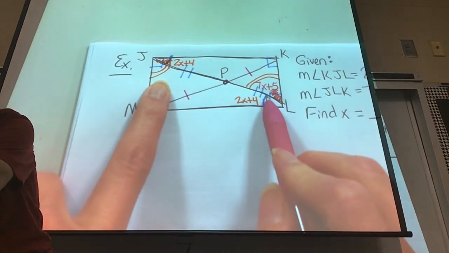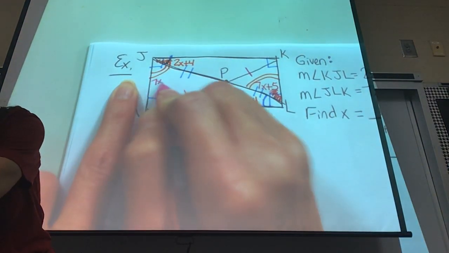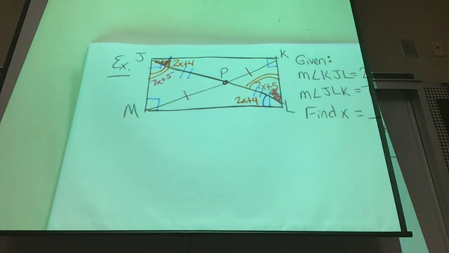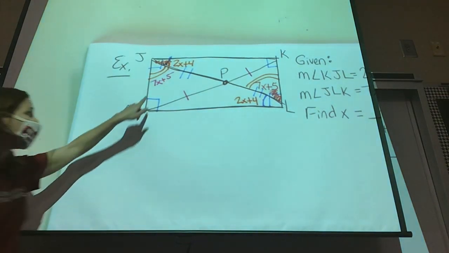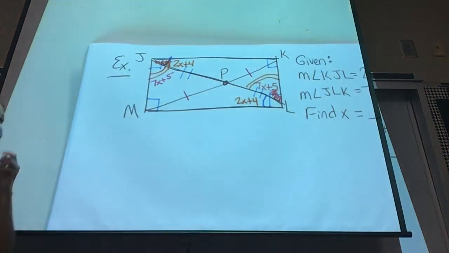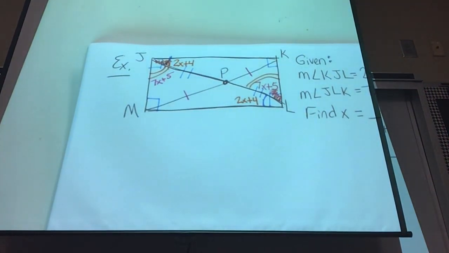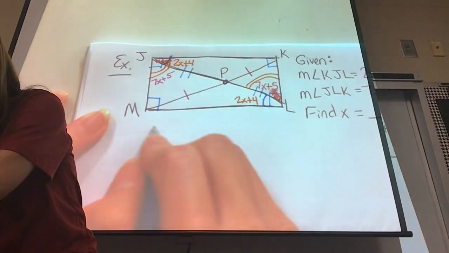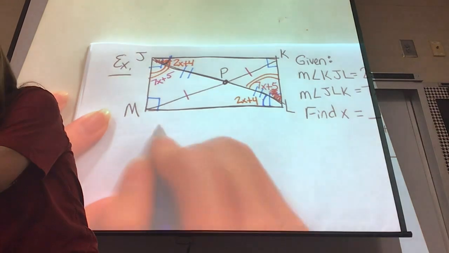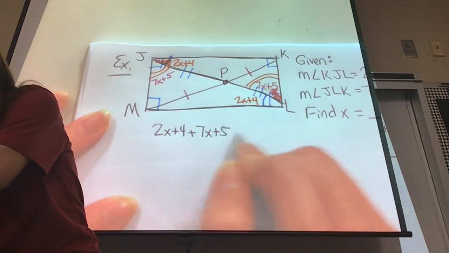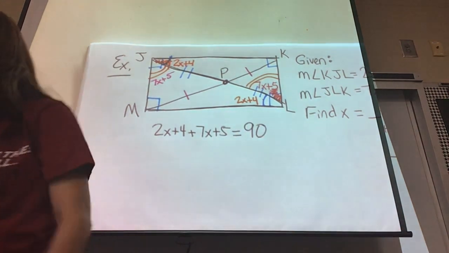Since these two were the same, I could put another 7x plus 5 right here. Now they are both side by side in this corner, so they would have to add up to equal 90 degrees. So now just set it up that way. It doesn't matter which one comes first: 2x plus 4 plus 7x plus 5 equals 90.